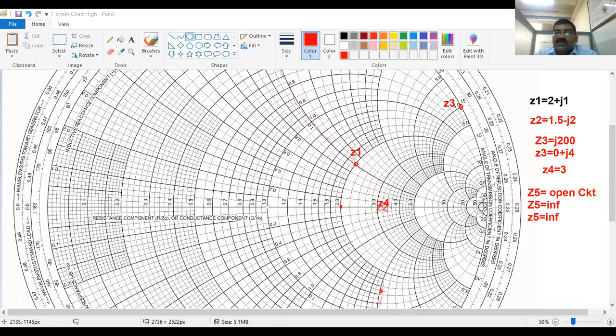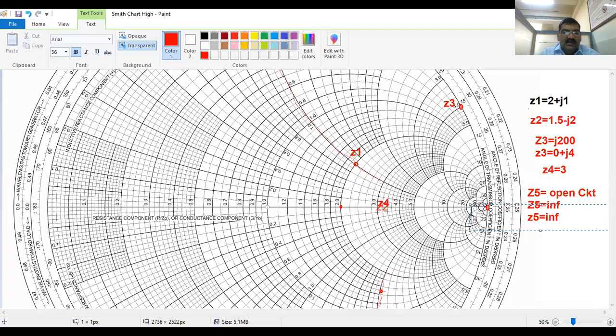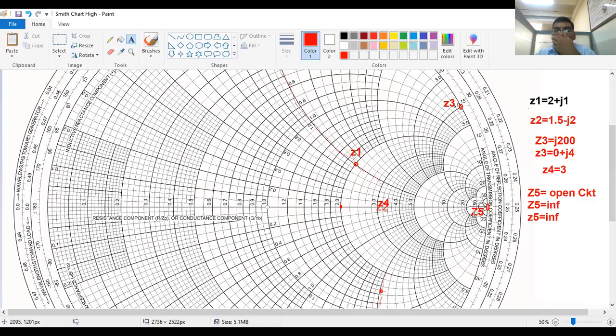Why? You can see the horizontal line 1, 1.2. This is 5, this is 10, 20, 50. And where is it? This is the infinity. So you can mark the infinity here. So this is the point. Don't go for this outer circle. This is the outermost circle for the impedance that I have plotted. So I'll mark this as Z5.